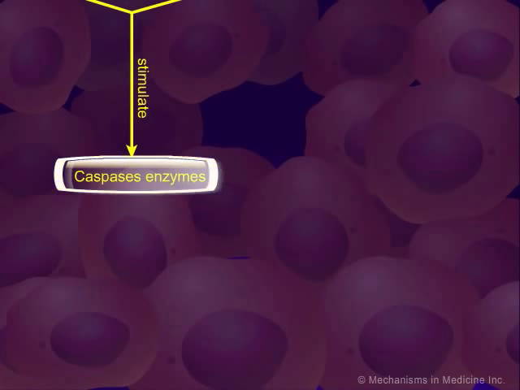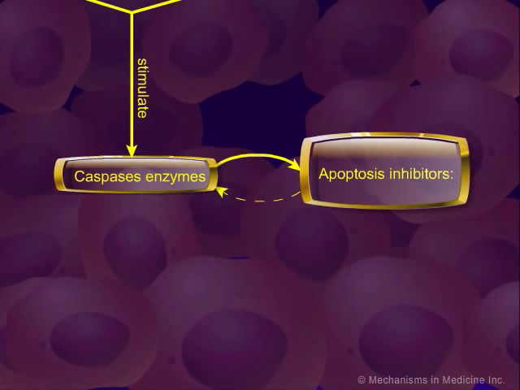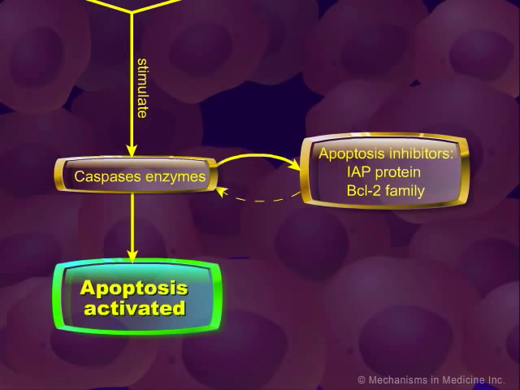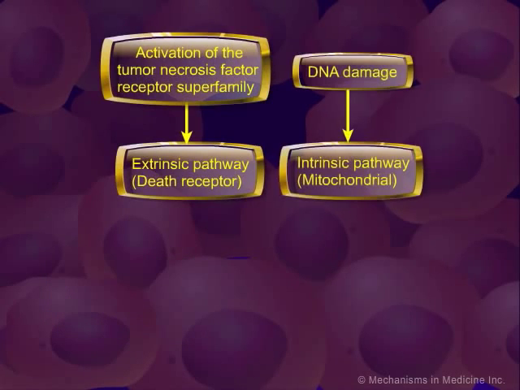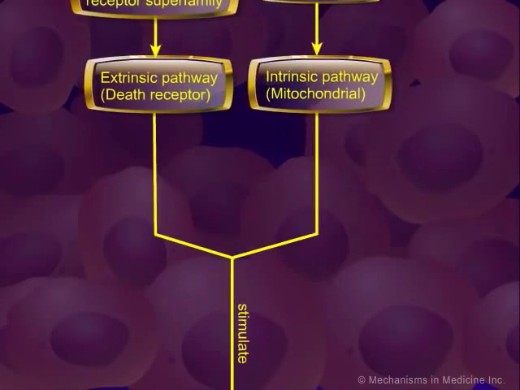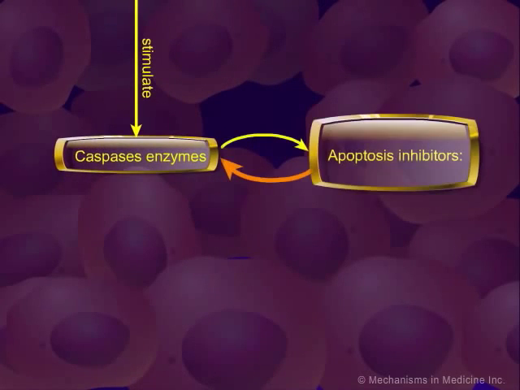The caspases interact with inhibitors of apoptosis proteins, or IAP, and the BCL2 family of proteins, which individually have either pro- or anti-apoptotic properties. In some malignant cells, there is resistance to apoptosis due to overexpression of anti-apoptotic proteins.